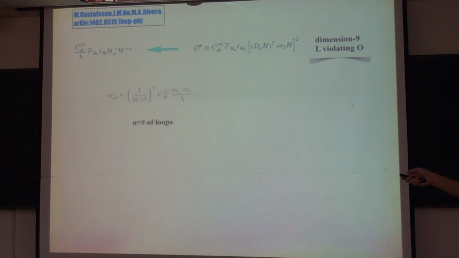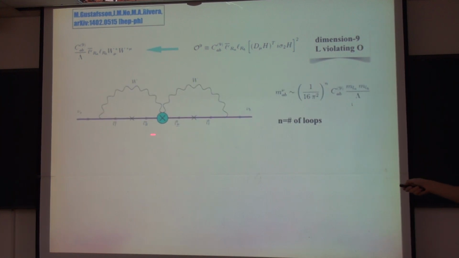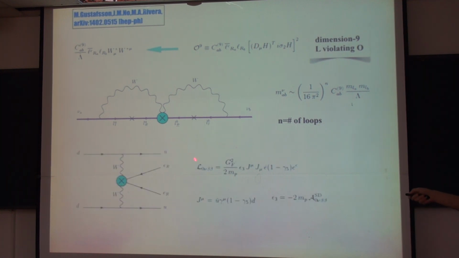From this operator, the neutrino mass comes from this kind of loops, and you can even have another loop or more loops. If you have zero loops, this is only 2. If you have one loop, it will be 3. And this is the mass element, and then the neutrinoless double beta decay. Their conclusion is the same as ours: normal hierarchy, and also the neutrinoless double beta decay can be large. That's a message also in our paper.